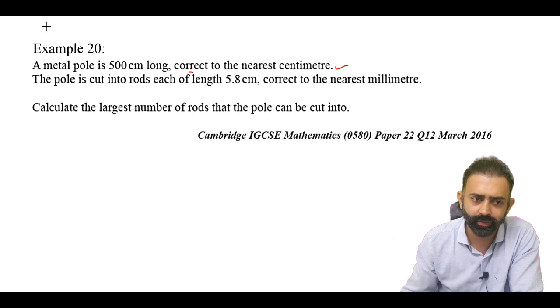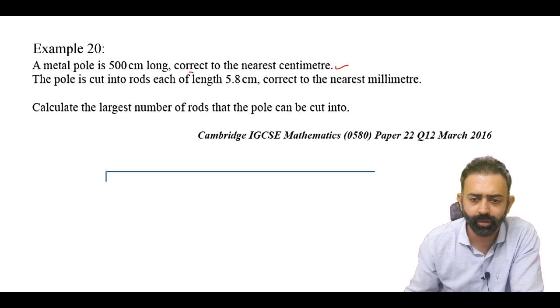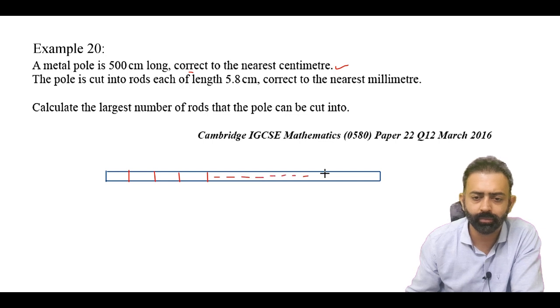So let us give you the picture of the question. We have a long metal pole like this, and this metal pole is divided into small rods like this. This is the dashed line, so there are some number of rods.